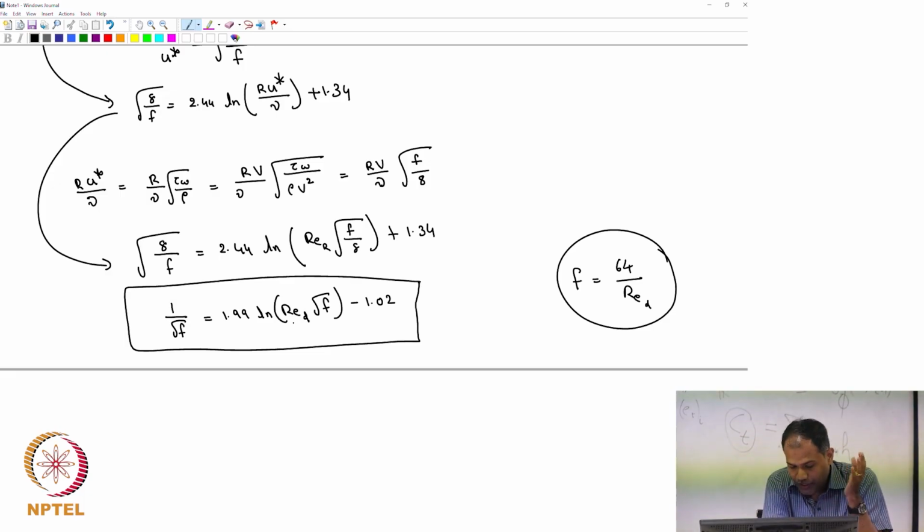What I wanted to tell was, given Reynolds number, how would you calculate f using this expression? It's a nonlinear expression which contains a square root and a logarithm. So what can you do?